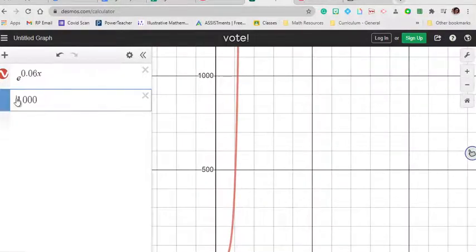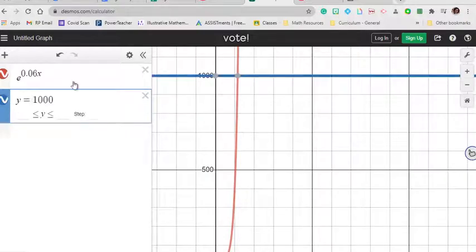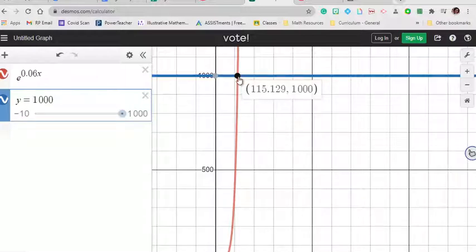Oh, and I always forget that. I need a horizontal line, so I need it to equal 1,000. I need y equals 1,000. And I would see right there we're getting that same idea, that it would take us over 115 years to reach that amount.